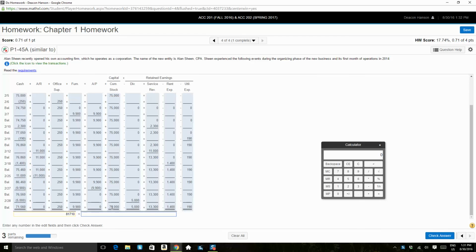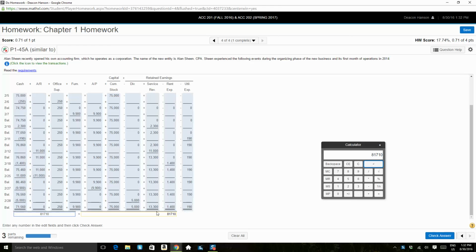So we'll go 70,000 plus 13,300. You're adding the revenue. Then you're going to subtract these two expenses. So we'll go minus 1,400 and minus 190. And it's the same. We balance. 81,710.